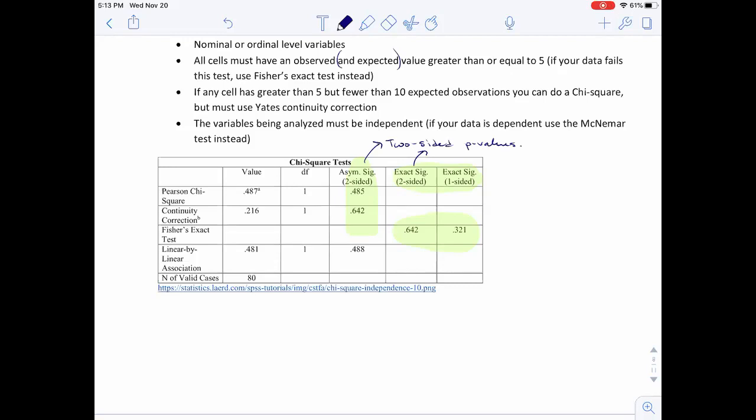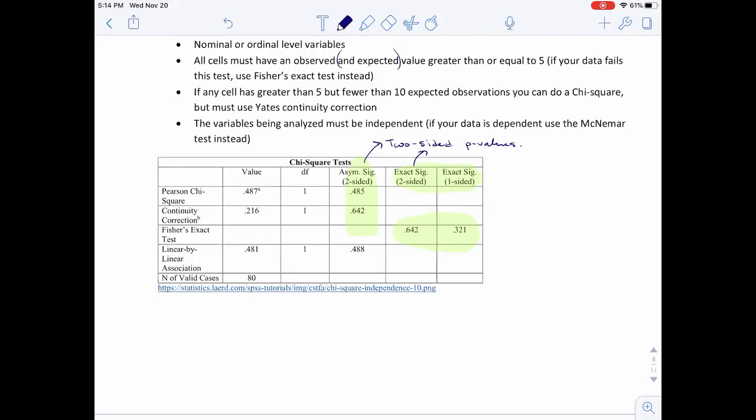It's definitely not less than 0.05. So I don't have enough evidence to reject H0, right? Regardless, all of these p-values are going to be very similar because they're doing essentially the same thing. But also, all of these, we would not be able to reject H0 because the p-values are so huge.